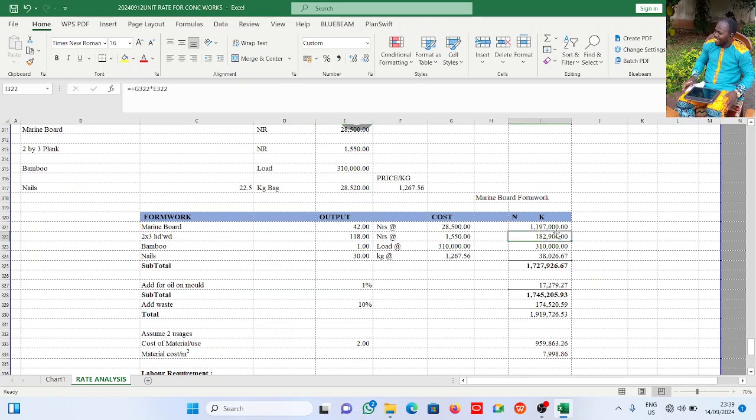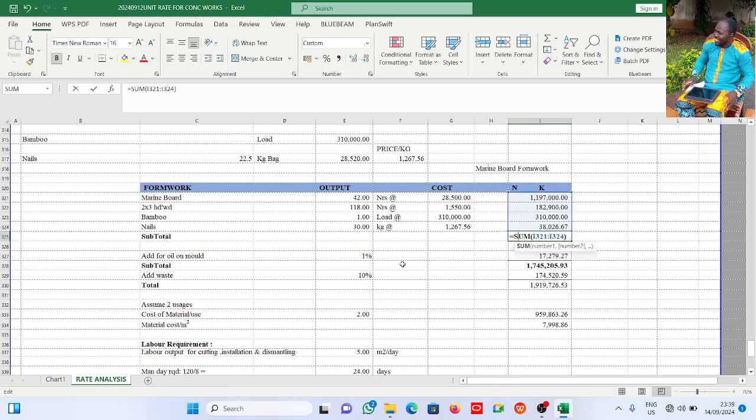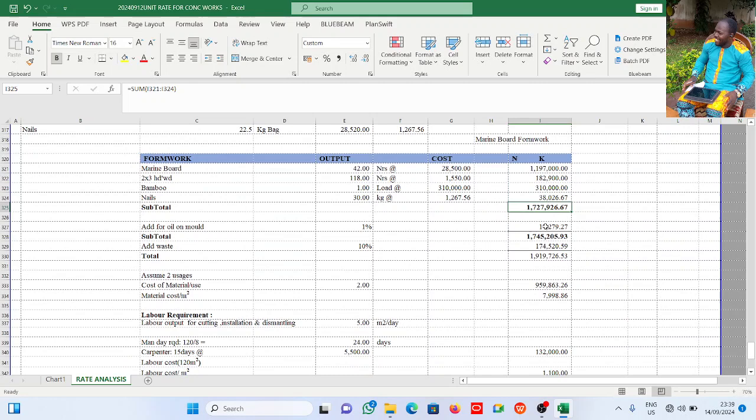Hardwood, just the same. The only difference is that this is a marine board and that is plank, but the same process applies. See, I use 1% here, but that one, because it's a plank, it is 2% for the mold. At waste, I arrived at this.